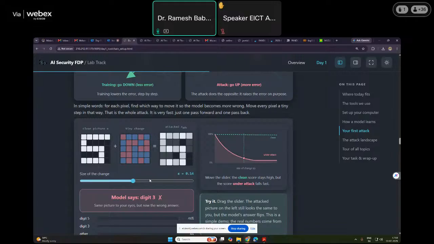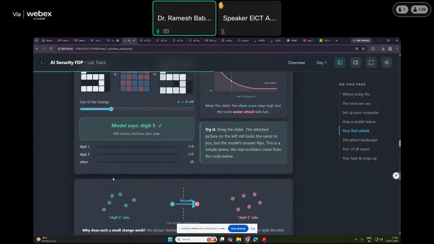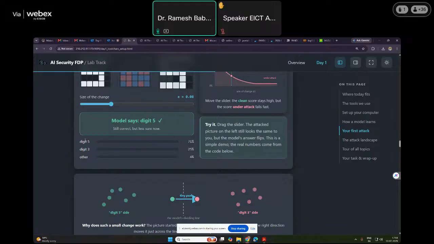If you increase this value, the model is going to be more confident in misclassifying the output, and if it is less, it gives the appropriate output. Here you can also see the confidence level, how confident it is that the output for this input image is 5 or 3. When you increase the epsilon value, it is very confident that this is 3, not 5.